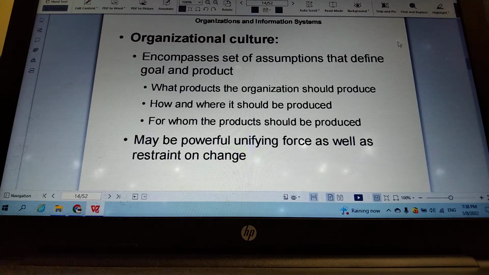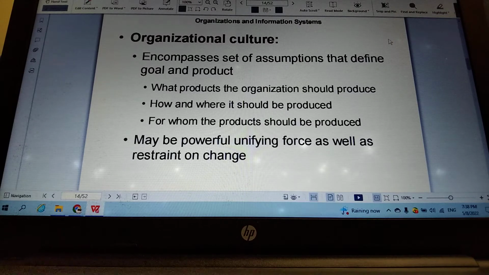A quick look at organizational culture, which I'm very sure all of you are quite familiar with. A set of assumptions that define goal and product: what product the organization should produce, how and where it should be produced, for whom the product should be produced.